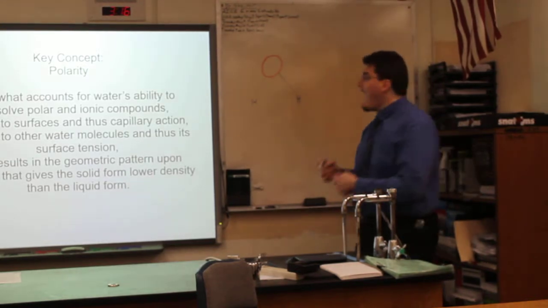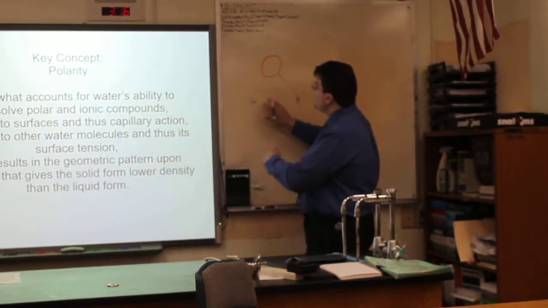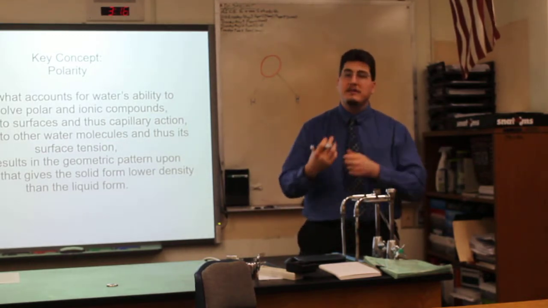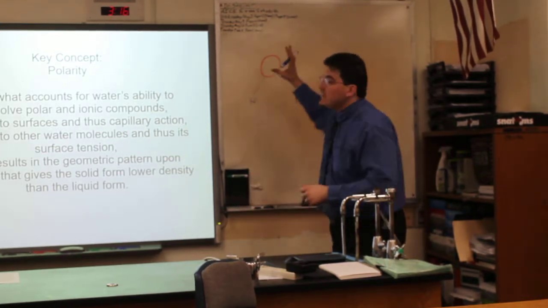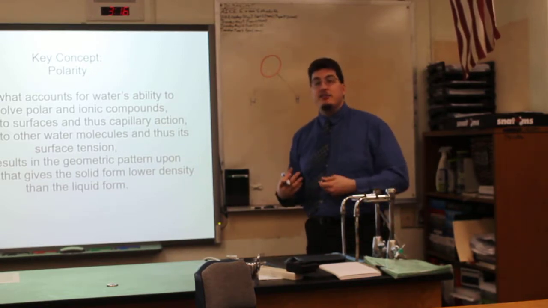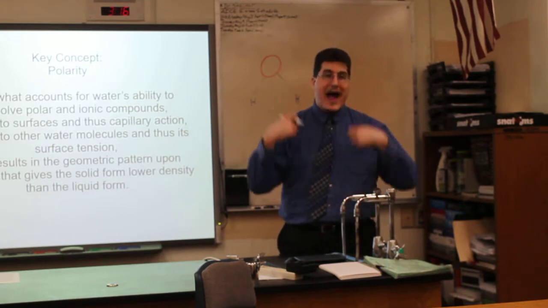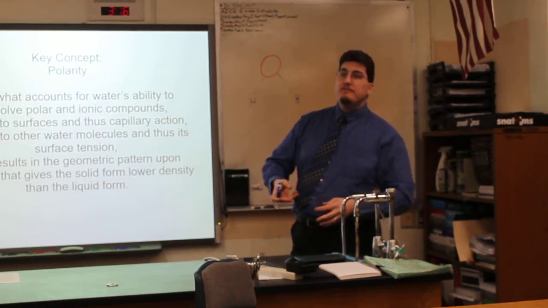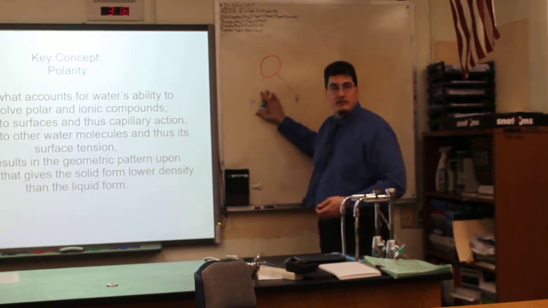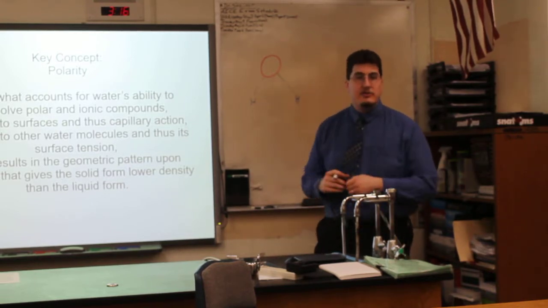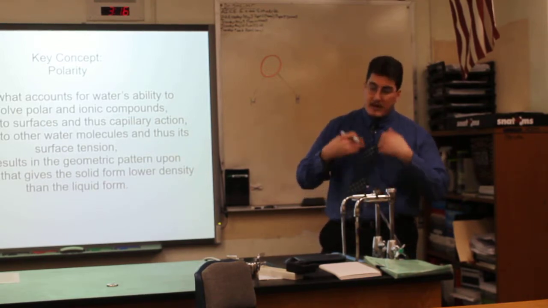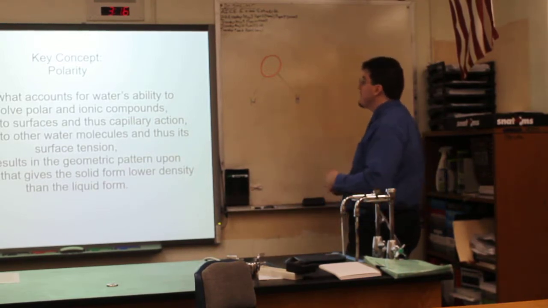Oxygen is a highly electronegative element. Highly electronegative elements have a desire to attract electrons. They really pull on those electrons. Hydrogen is a weakly electronegative element. That means it will readily give up its electrons.